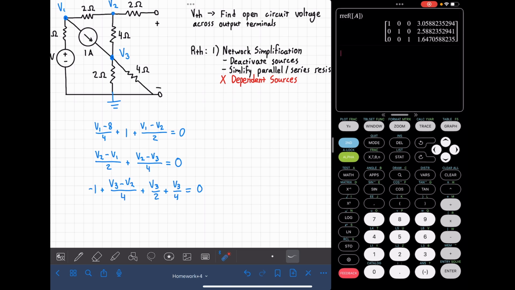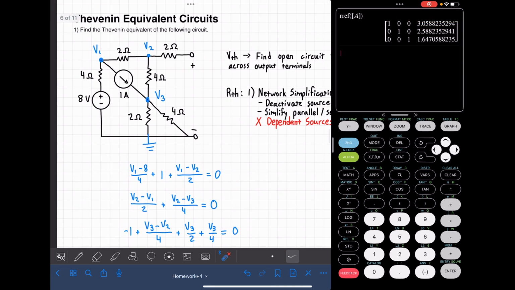So we have V1 at the top, V2 at the middle, V3 at the bottom. Which one do we want?